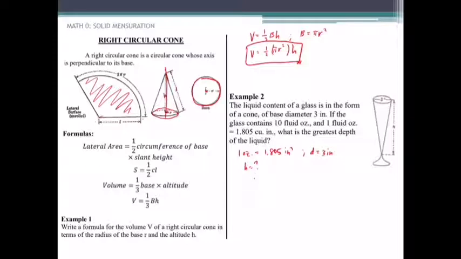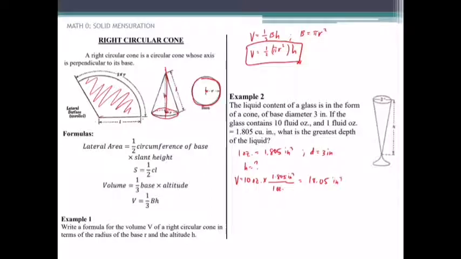If the glass contains 10 fluid ounce, so the volume is 10 ounce. Convert this. 1 ounce is 1.805 cubic inch. Therefore, the volume now is 18.05 cubic inches.